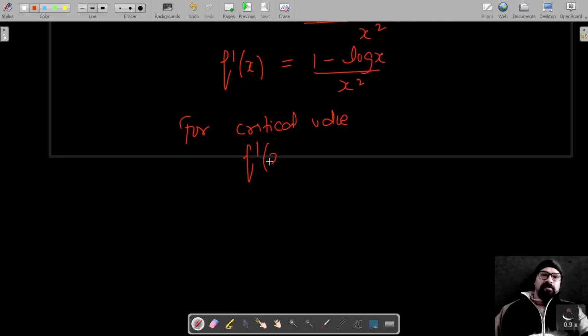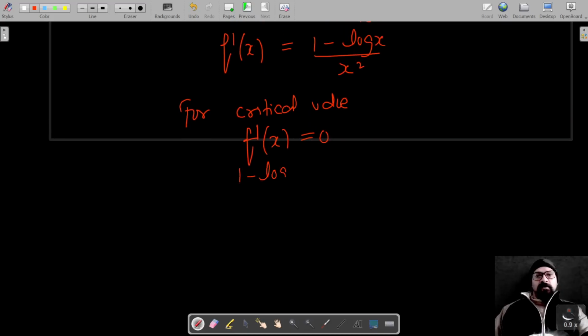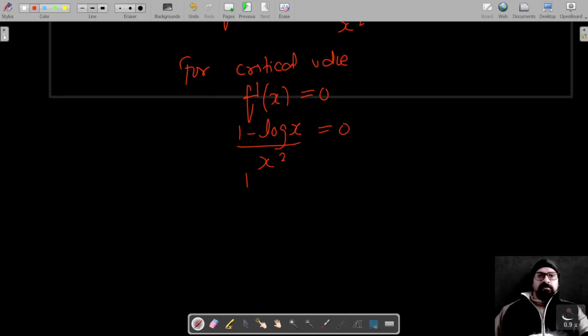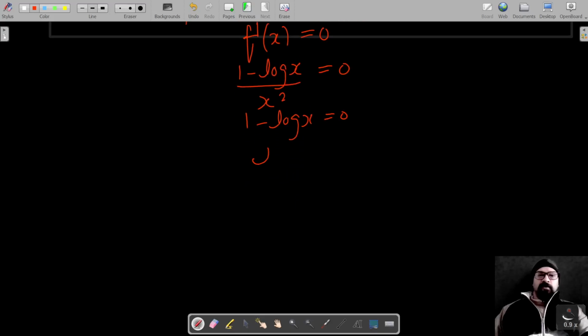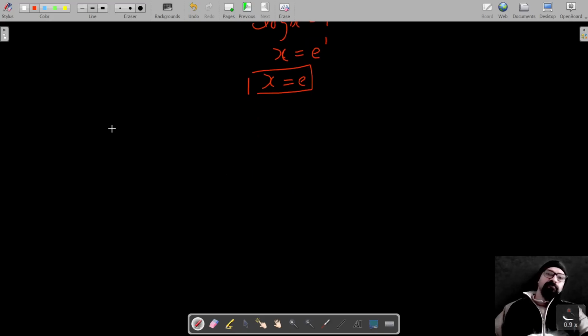If I put f dash x equal to 0, this is 1 minus log x upon x square equal to 0, which gives 1 minus log x is equal to 0, or log x is equal to 1, which gives x is equal to e raised to the power 1. So that means our critical value is x is equal to e.